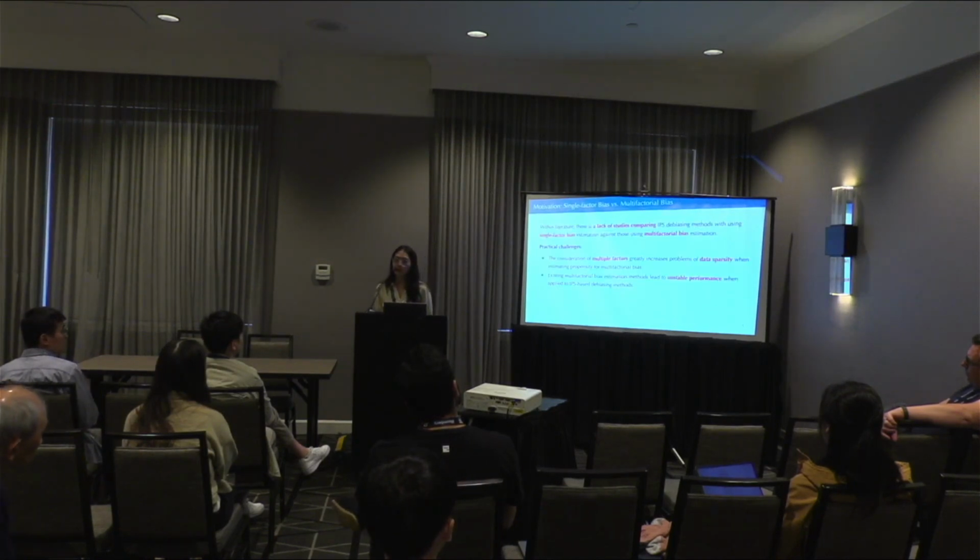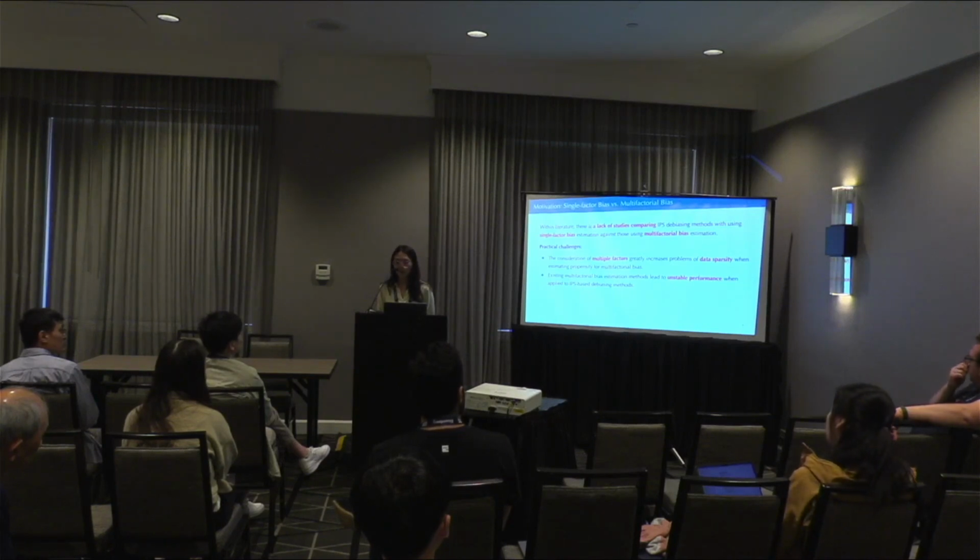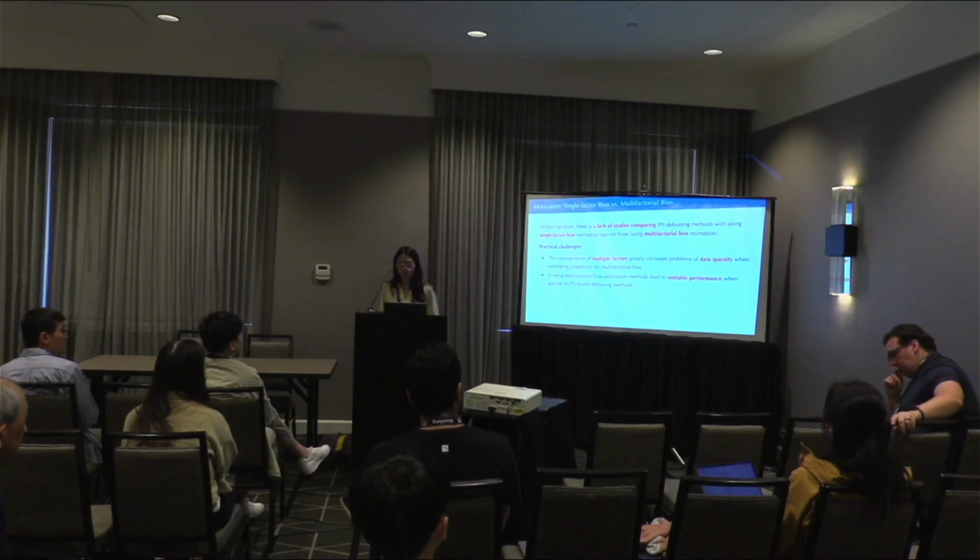The existing work can be extended to the multifactorial bias. However, in the literature, there is a lack of studies comparing the widely used IPS-based method with single-factor bias estimation against those using multifactorial bias estimation. We realized that there are two practical challenges.